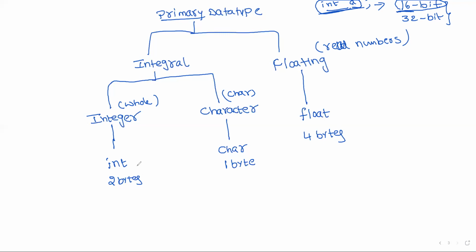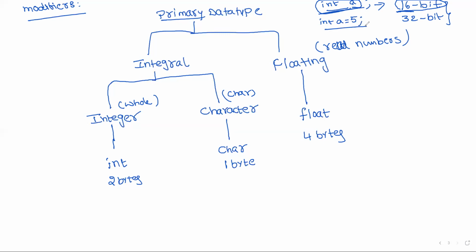Now, along with this categorization, we have modifiers. What do you mean by modifier? To specify a specific thing. For example, the size of integer is 2 bytes. If you are declaring int a is equal to 5, what happens?